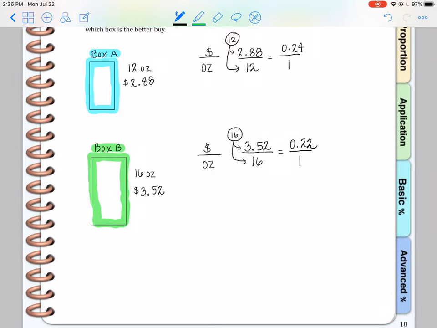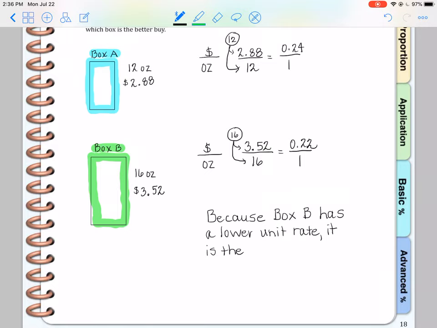And here's how I would say that, because remember they want me to explain. Because box B has a lower unit rate, it is the better buy.